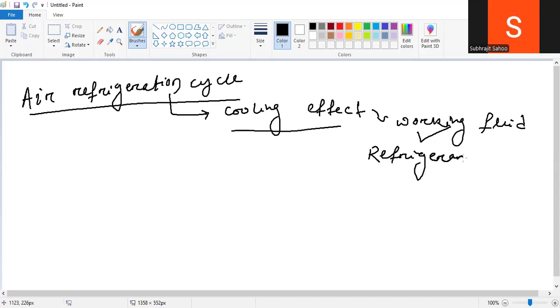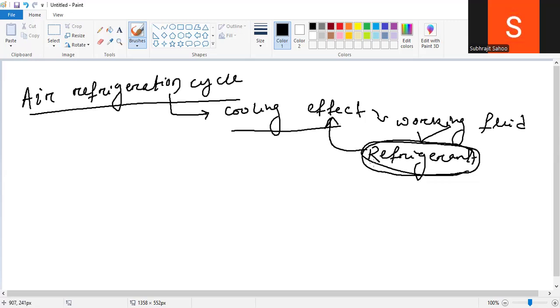Refrigerant. There are some specific refrigerants available in the environment. Scientists have already done research and listed which substances can be used as a refrigerant for producing the cooling effect.